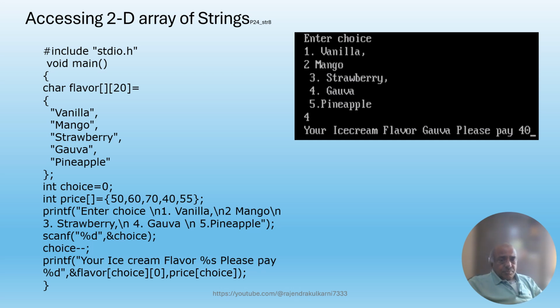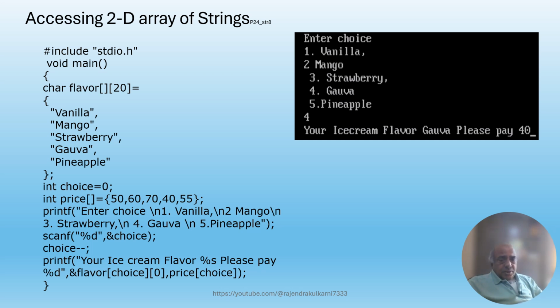This is the price which is appearing here with this statement, price into the subscript choice. Choice being 3 here, price subscript 3 is 0, 1, 2, 3, 40, so that 40 appears here.